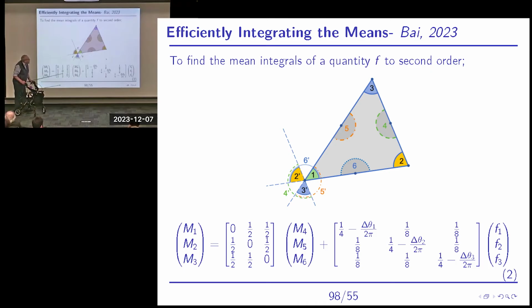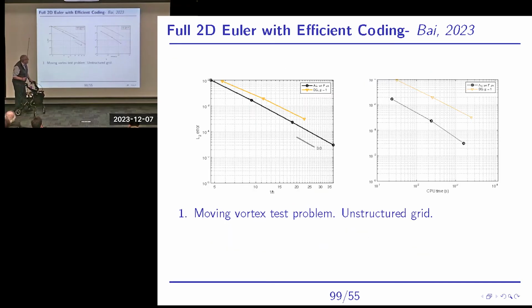So we do have a cost comparison. This is comparing with discontinuous Galerkin. This is a plot of the L2 error against the reciprocal of the mesh size. Slope here, very nice slope of 3 in both cases, indicating third-order accuracy. So I think both methods are coded correctly.